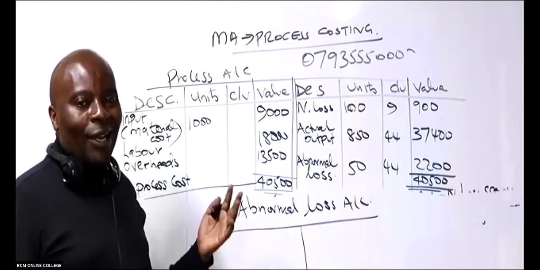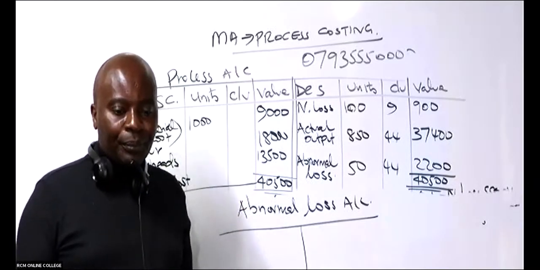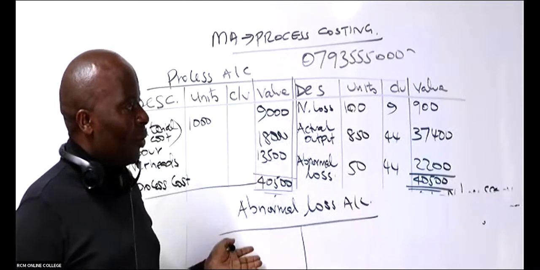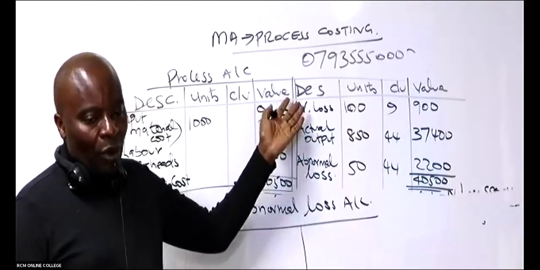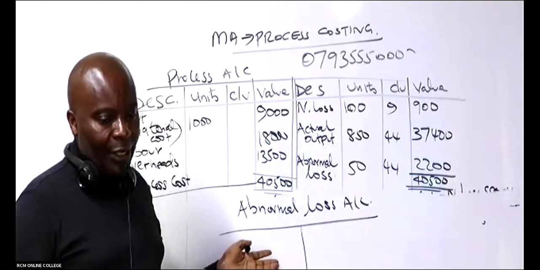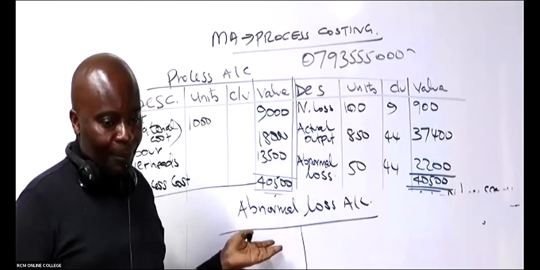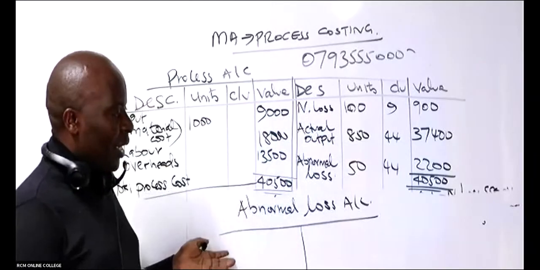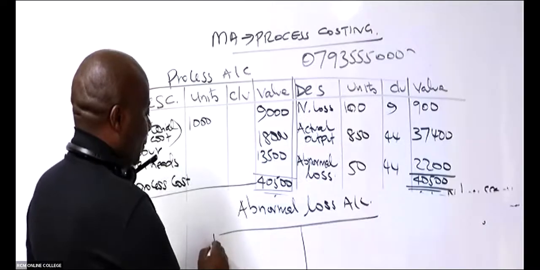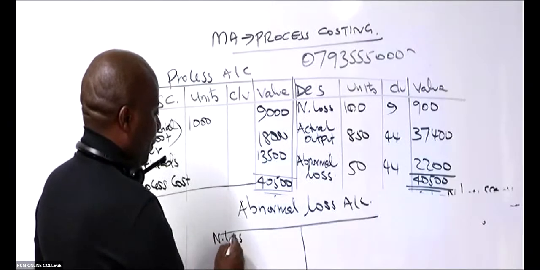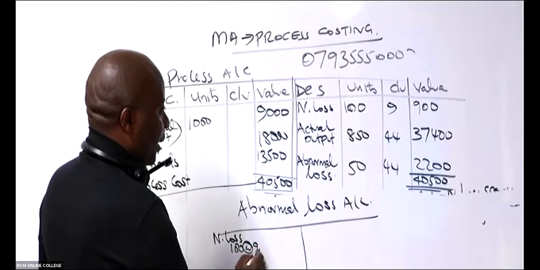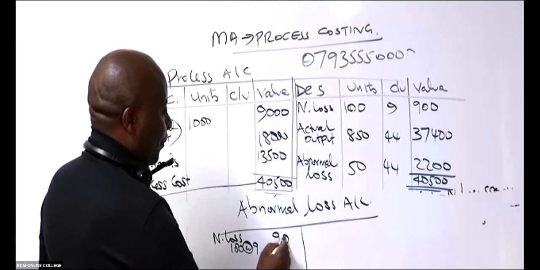It's basically a losses account. You bring the normal loss here. So here the normal loss was credited, it will be debited here. So we have here normal loss, 100 at 9, giving us 900.